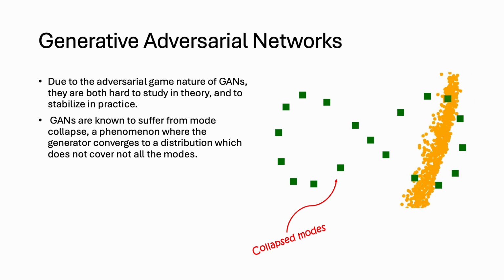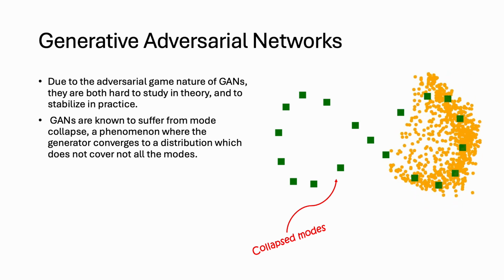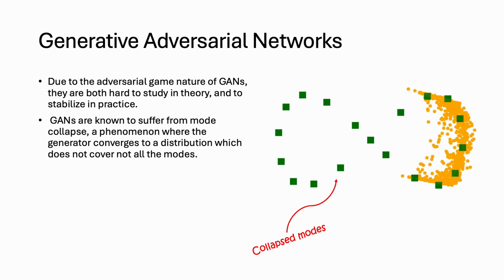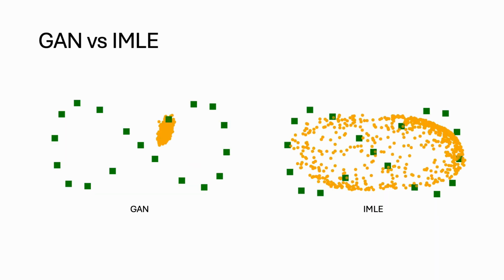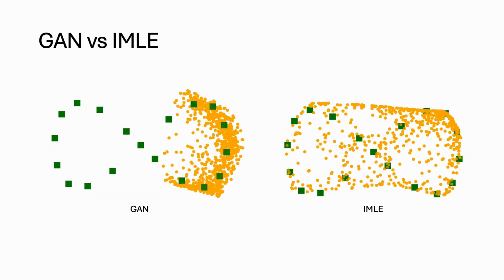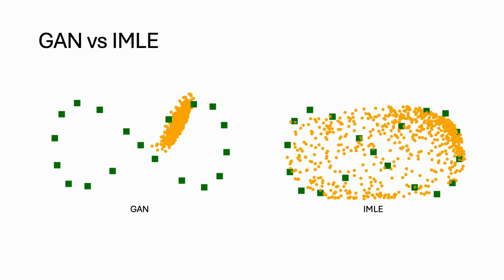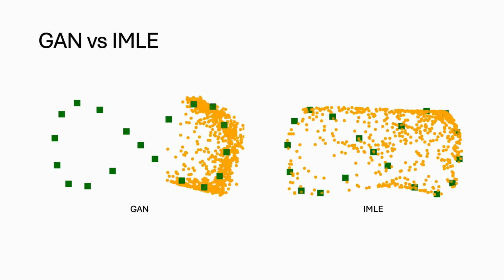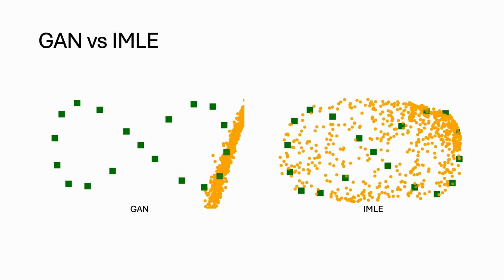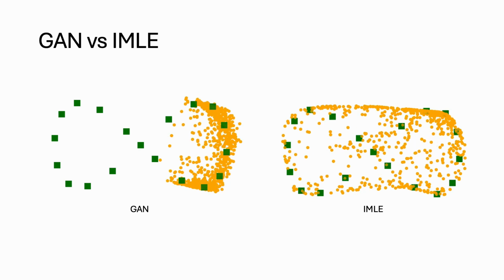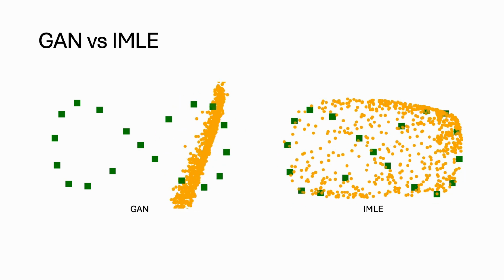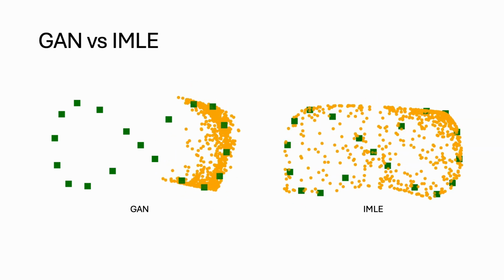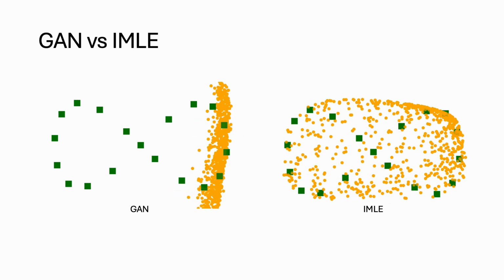So on the right, you can see that the learned distribution completely ignores the left side of the data distribution. In order to address the issue of mode collapse in GANs, a new kind of generative model was proposed, which is called Implicit Maximum Likelihood Estimation. And as you can see in the video, the distribution learned by IMLE covers all the modes compared to the GAN.